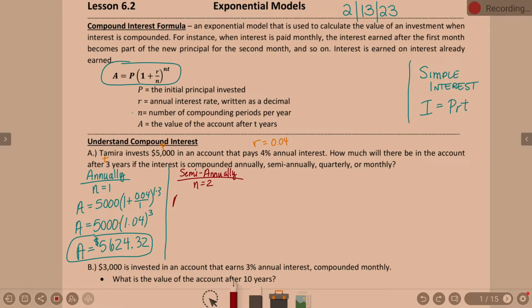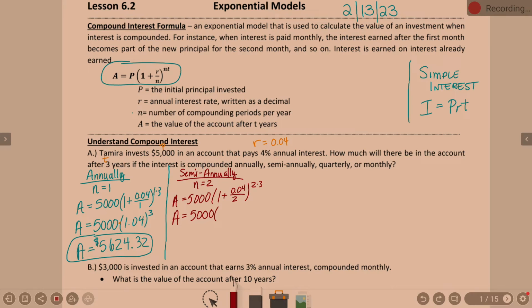So here we are looking at 5,000 times 1 plus 0.04 divided by 2 raised to the 2 times 3. Okay, do the math. And again, I personally would do some cleanup inside.